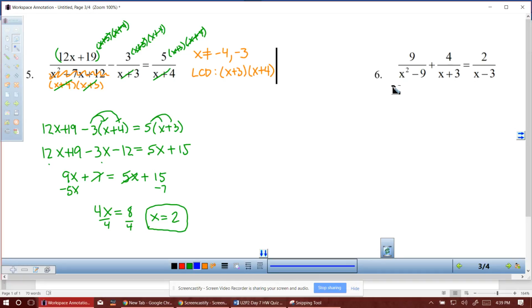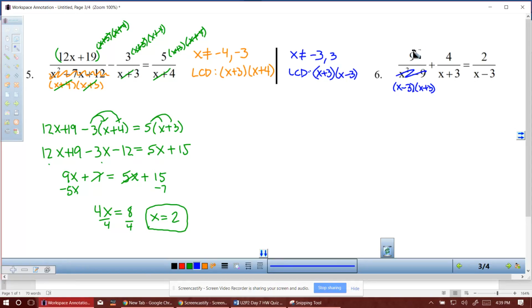All right, so again, over here on number 6, I would start by factoring x minus 3, x plus 3. So that means that x cannot equal negative 3 or positive 3, and my lowest common denominator will be x plus 3 and x minus 3.